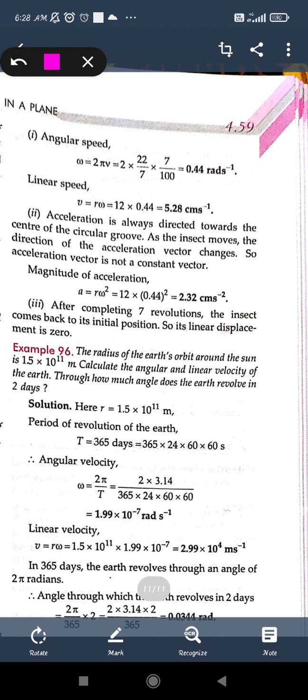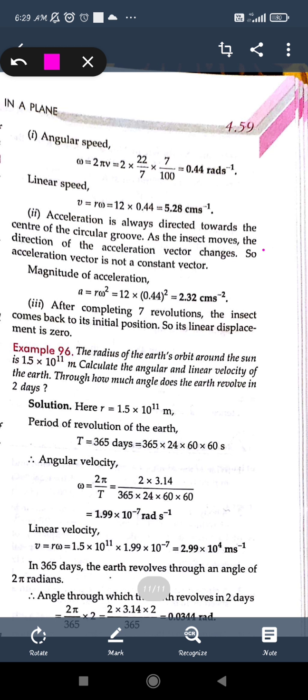Now, what was the magnitude of acceleration? That is the value we have found. Now it is asked whether the acceleration is a constant vector or not. Since the body is moving along the circular track, circular motion is an accelerated motion, so it has to continuously change its velocity direction with time.